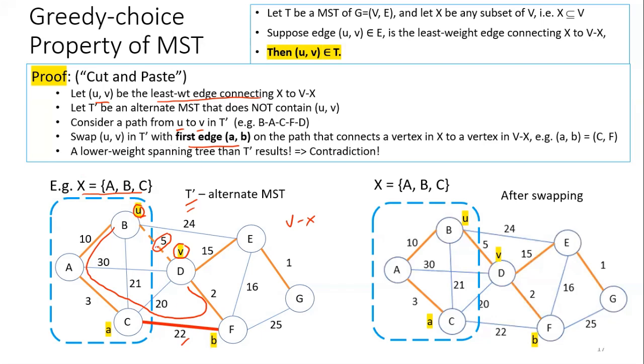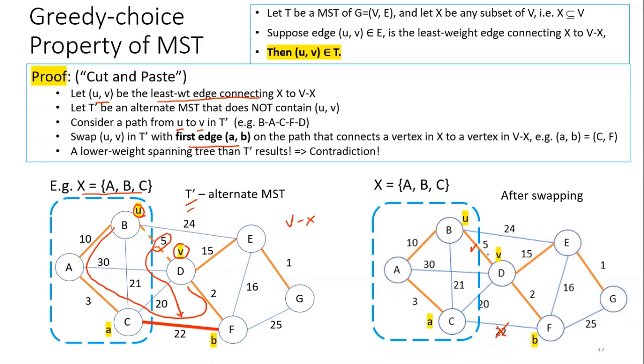So we're going to replace 22 with this particular edge. So swap UV in T prime with the first edge on the path that connects this. Sorry, let me say that again. Instead of T prime comprising this particular path, we're going to replace this with 5.